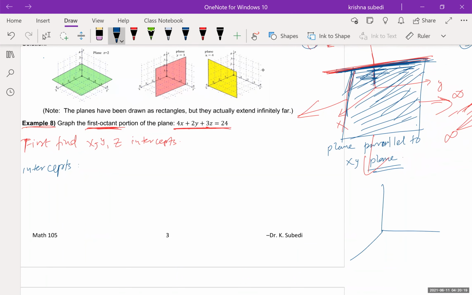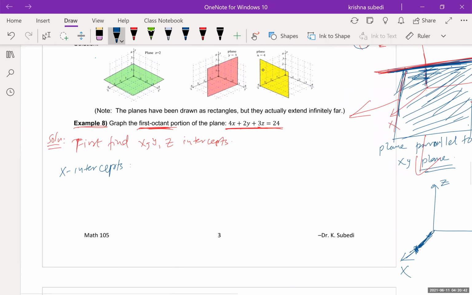X-intercept means, if this is a plane, a 3D graph with x, y, z, any point on the x-axis has y and z values equal to 0, right? Any point on the x-axis, y and z value is 0.